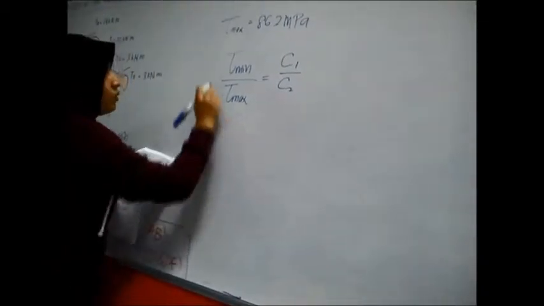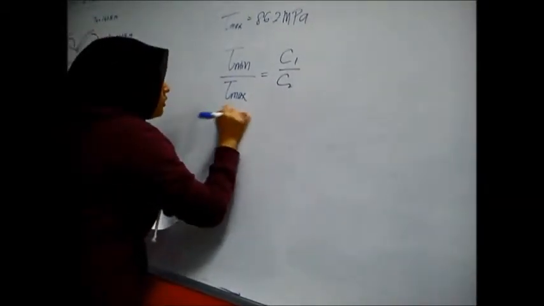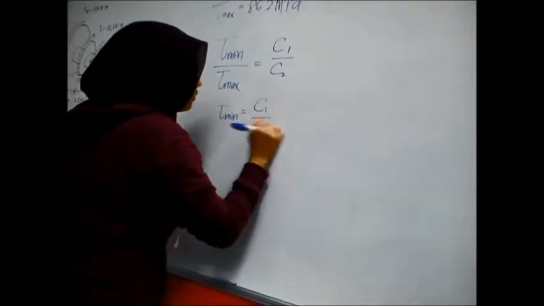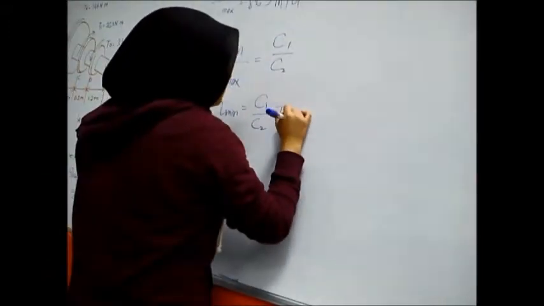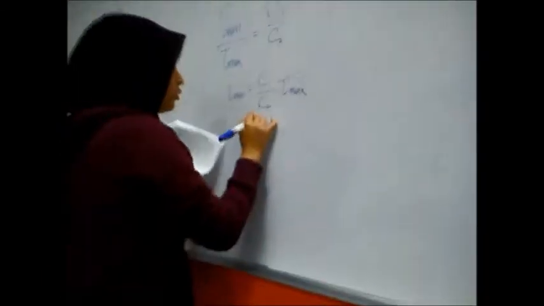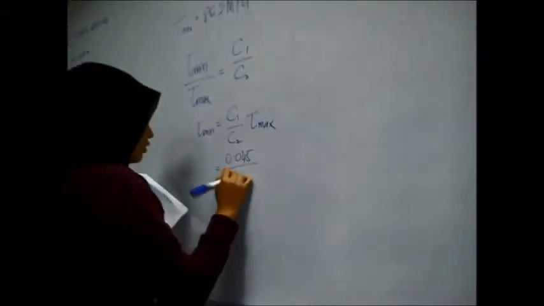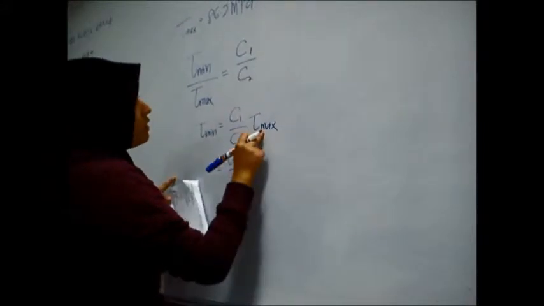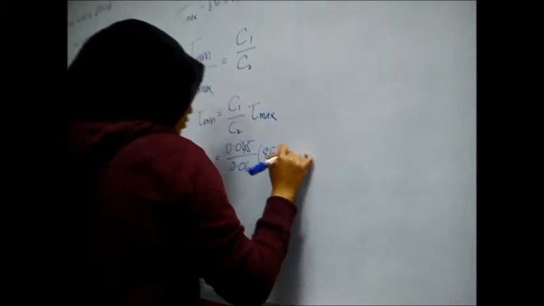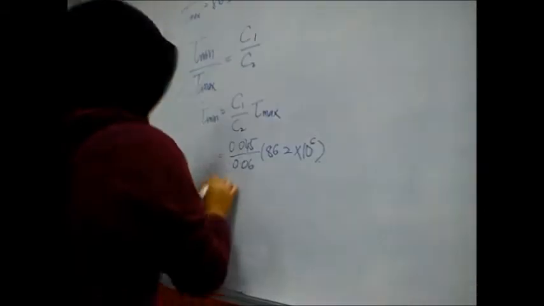So shear minimum is equal to c1 over c2 times the maximum shear. Then c1 is 0.045 divided by c2, which is 0.06, times the maximum shear of 86.2 times 10 to the 6 Pascal.